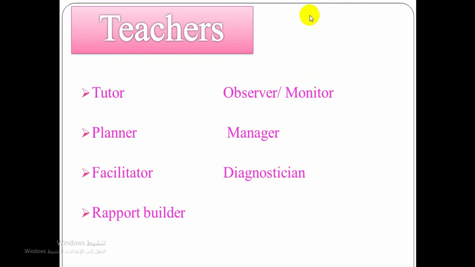So, a teacher as an observer or as a monitor means that the teacher goes around the class during individual, pair, and group work activities, checking learning and providing support as necessary. A teacher as a planner means that a teacher prepares the lesson before teaching, anticipates problems, and selects, designs, and adapts materials.